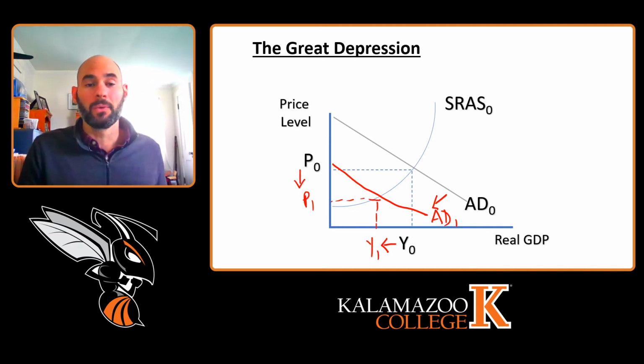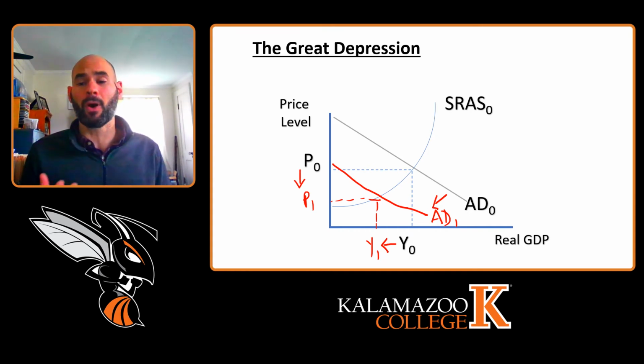So what could get us out of the Great Depression? Well, as we said earlier, government spending can increase aggregate demand if we hold taxes constant and we inject stimulus into the economy. And so part of what helped us get out of the Great Depression was the public works programs, the New Deal programs, which were implemented by FDR.